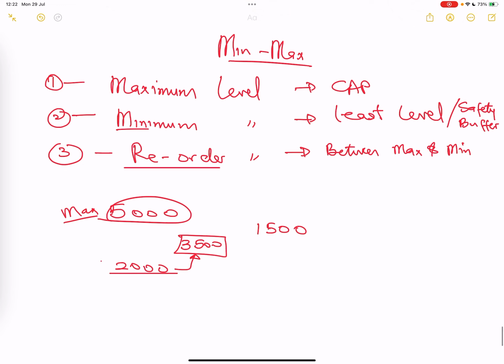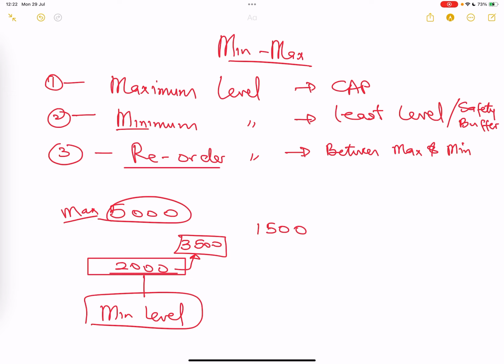However, if maybe someone slips off at this point and did not place an order at 2,000, you must have another level, which is called your minimum level. At that point, an alarm must sound. An alarm must go off in that building, because minimum level might be, say, maybe 500, and in that case, you are at risk of stock out.